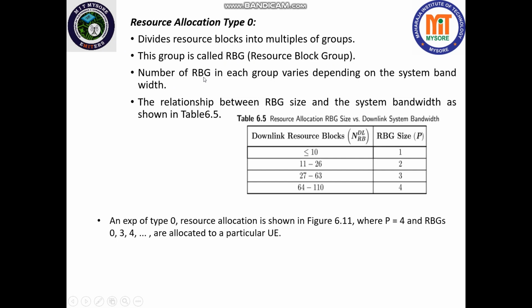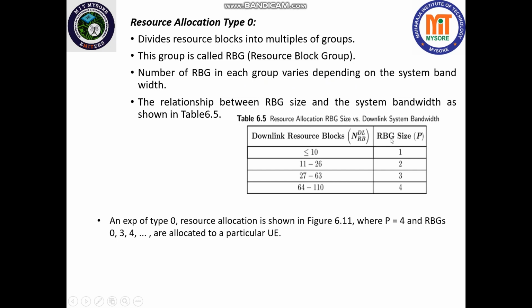Next point is, the number of resource blocks in each group varies depending on the system bandwidth. Depending on the bandwidth given to the particular system, the resource block group size will vary. And the relation between resource block group size and the system bandwidth is shown in this table.